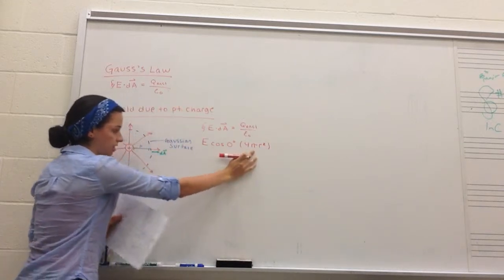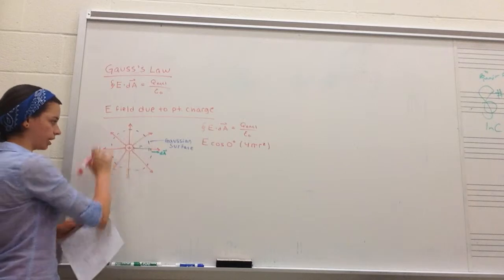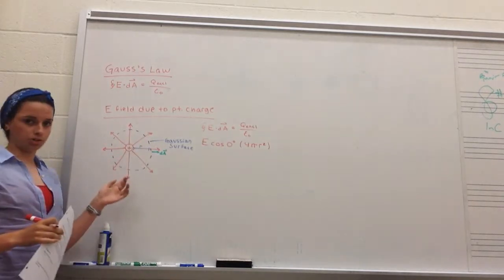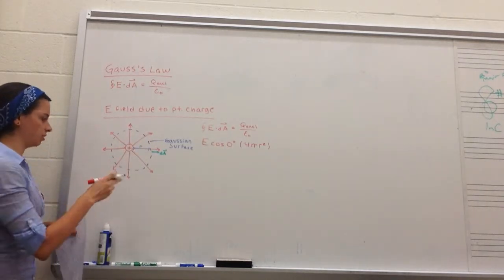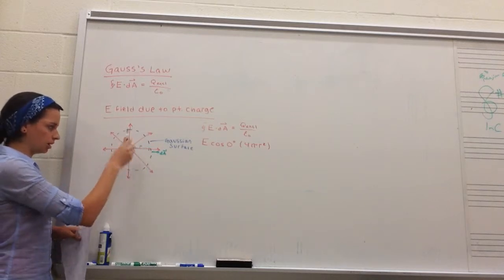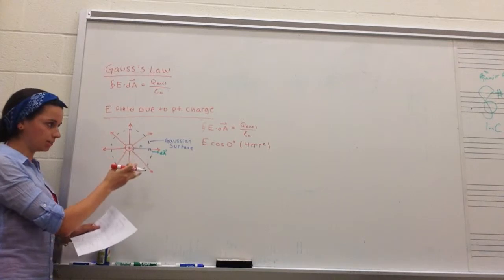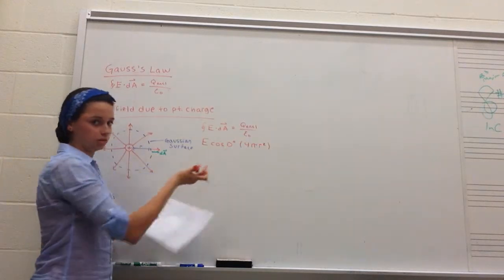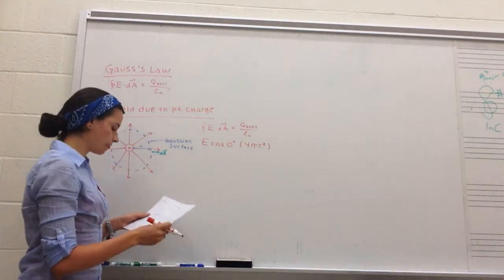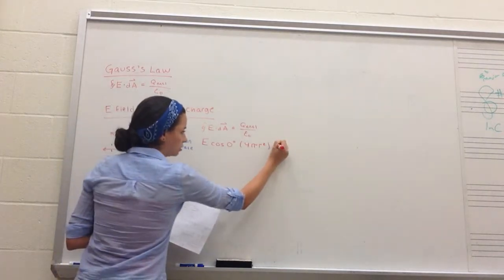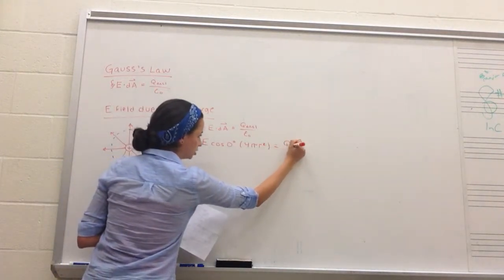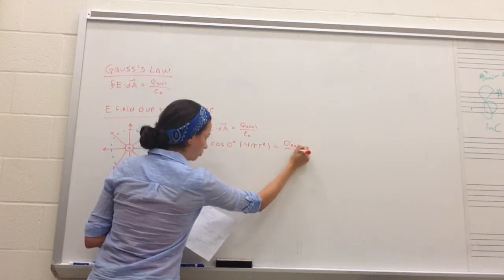And that's the surface area of a sphere, which is what our Gaussian surface is, because this is only a 2D drawing. If it was 3D, there would be arrows coming out at you and going into the board like that. So our Gaussian surface is a sphere, surface area of a sphere, closed integral, makes sense. And that's going to equal the total enclosed charge over epsilon naught.